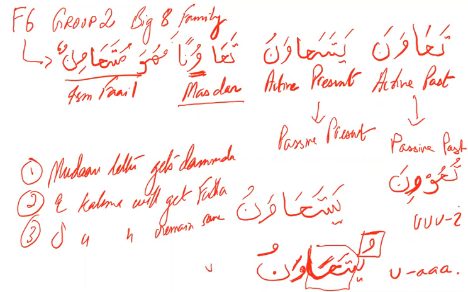So we are left with yuta'awanu. So the only difference between the present active and the present passive is that in the present active, you have yatà'awanu, ya in the beginning. And in the present passive, you have yuta'awanu. The rest is the same, just the beginning will be different.